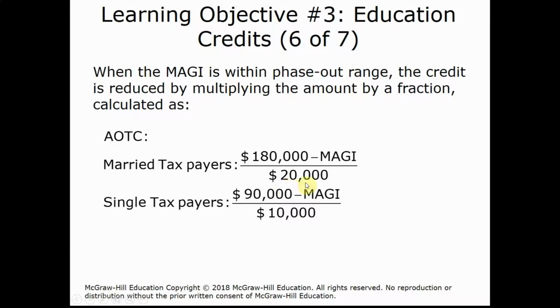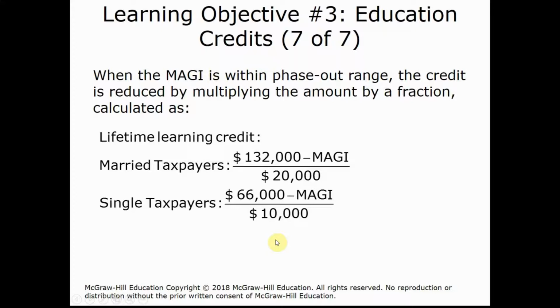The denominator happens to be the phase out range in both cases. The Lifetime Learning Credit, as we said, is a little bit lower and easier to phase out of. And here the range is $20,000 until it's completely phased out, and $10,000 is the range for single taxpayers.